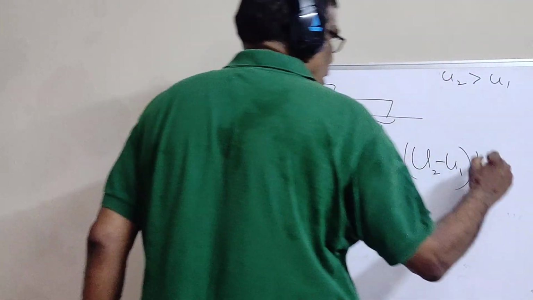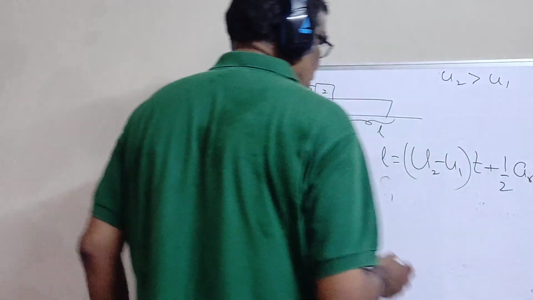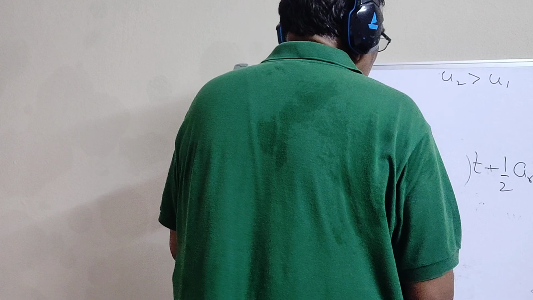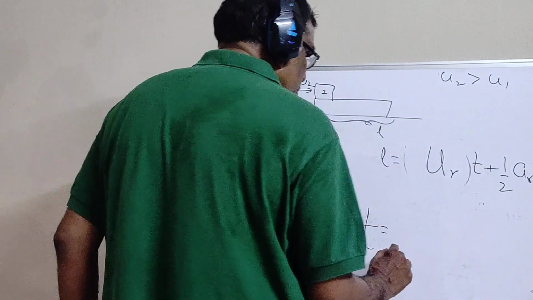Now, L is equal to U2 minus U1 times T plus half AR T square. So, this is nothing but UR. So, how do you write your time?